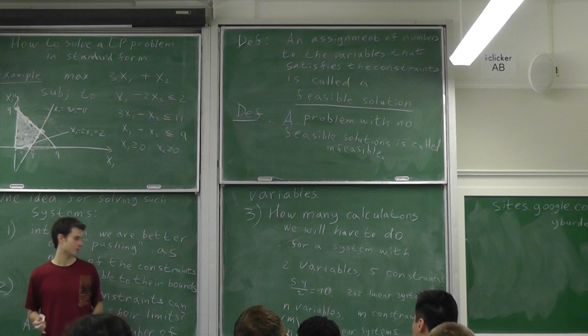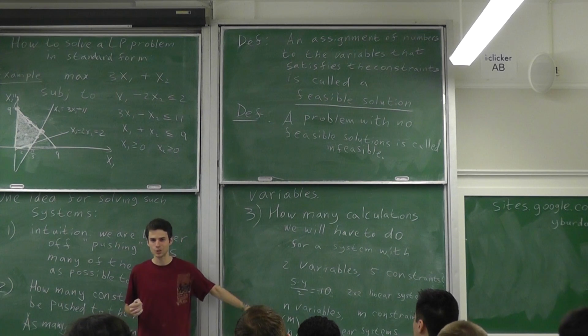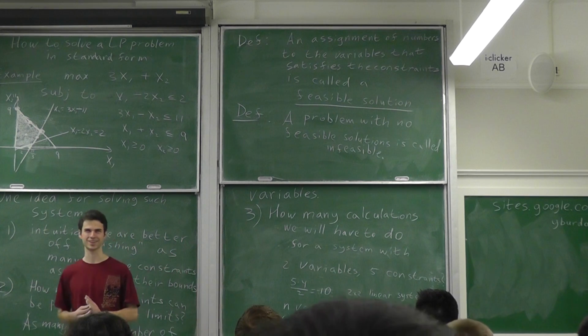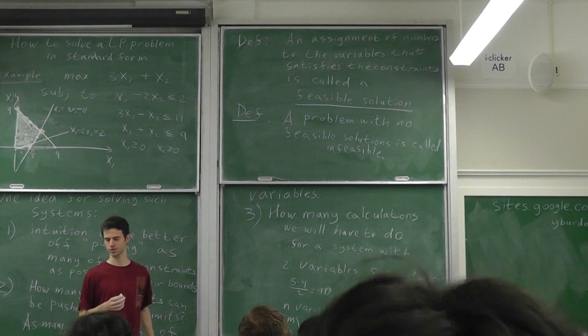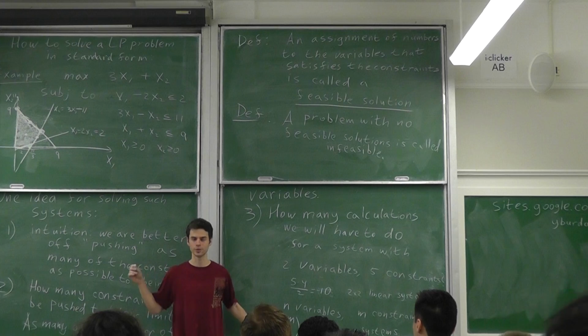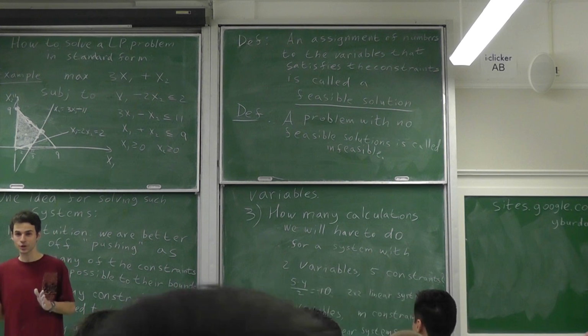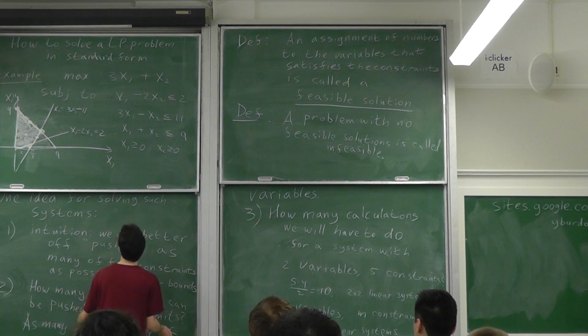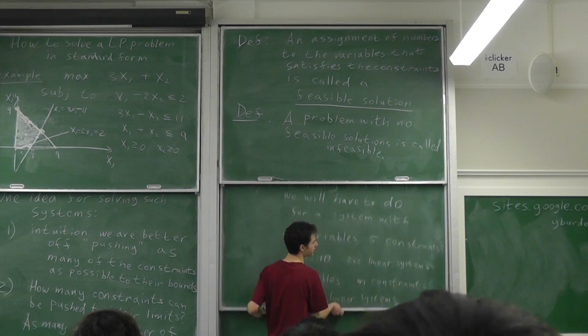Let me just say that it's a huge number. It's somewhat like 100 to the power 100 kinds of systems. So it's really not practical. Okay, so then we'll have a different idea.